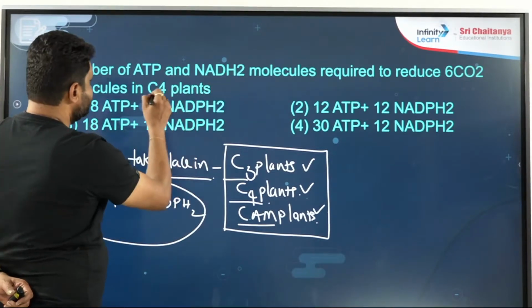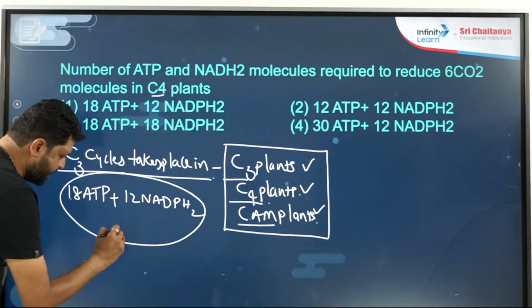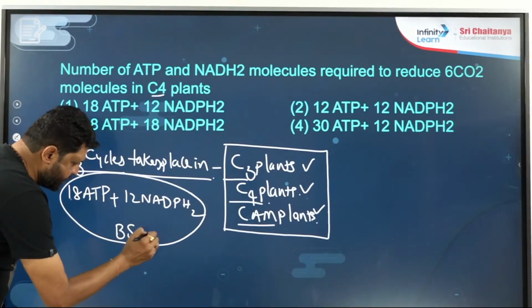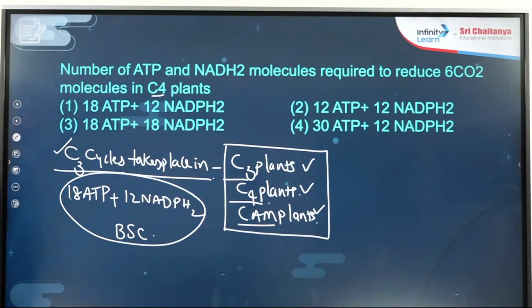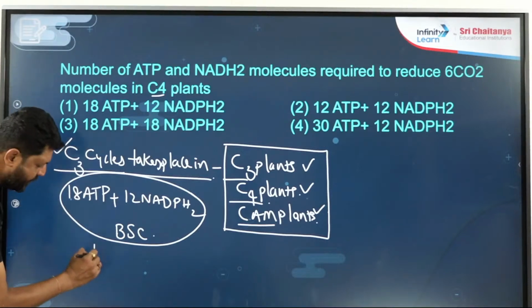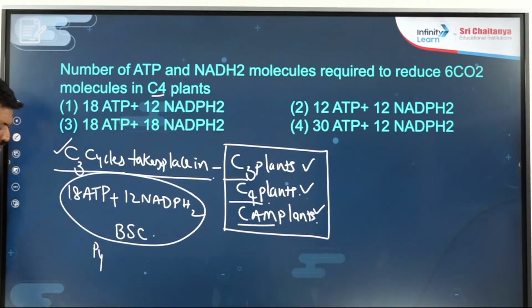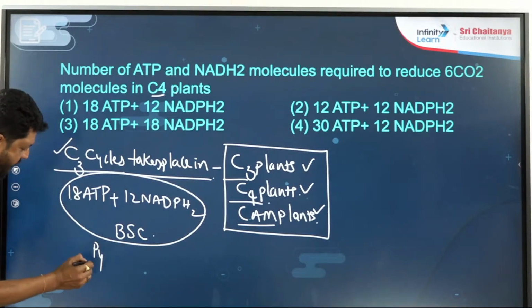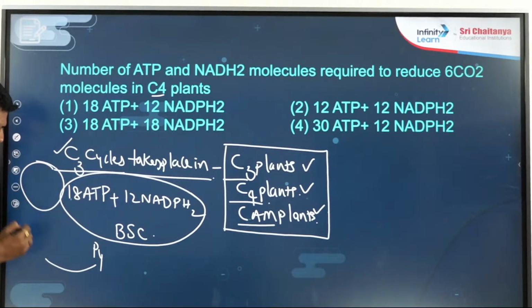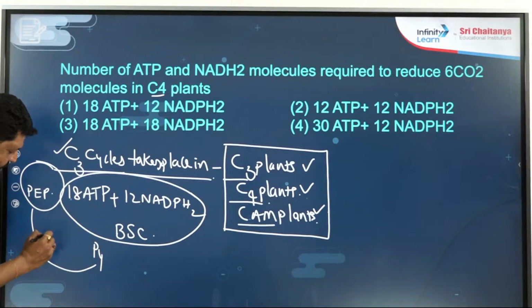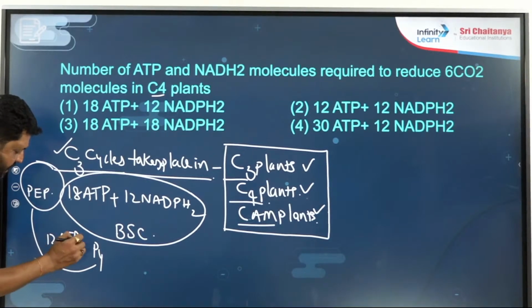So he is asking in C4 plants. In C4 plants, the C3 cycle occurs in bundle sheath cells. Now the pyruvic acid that is produced on oxidative decarboxylation of malic acid has to move to mesophyll cells. Pyruvic acid has to be converted into phosphoenol pyruvic acid. For this 12 ATP are required.